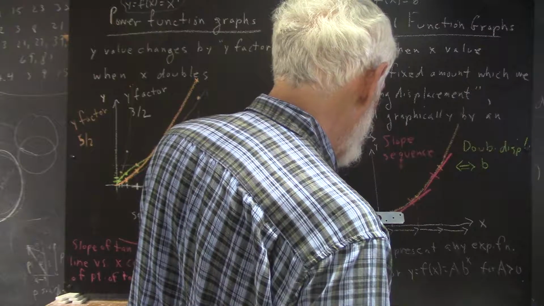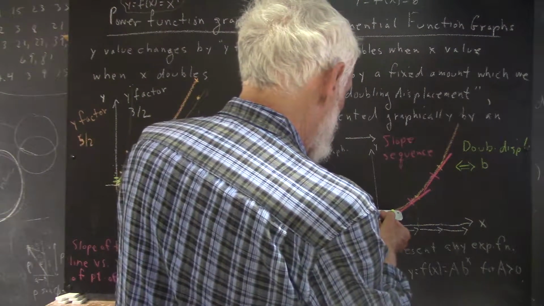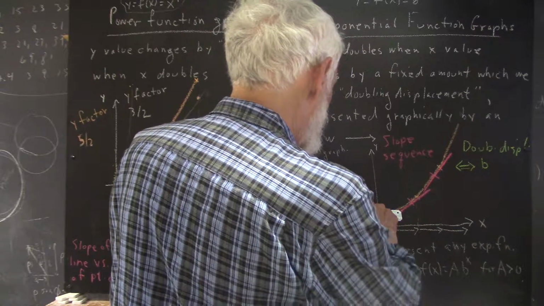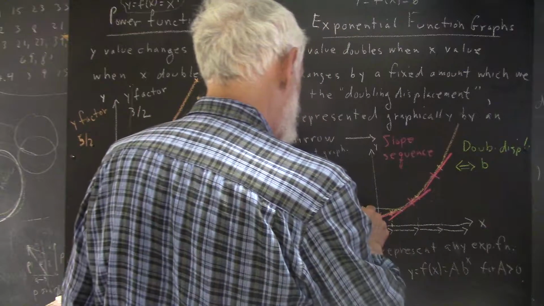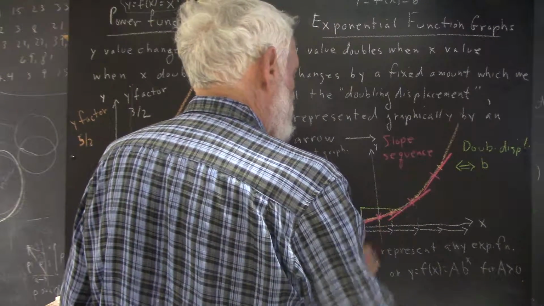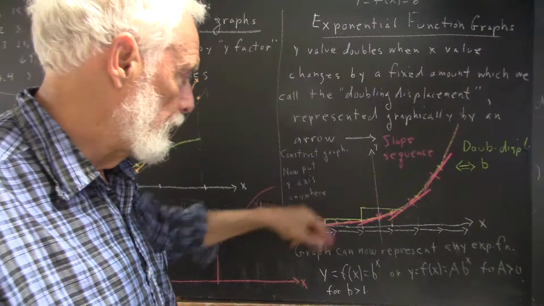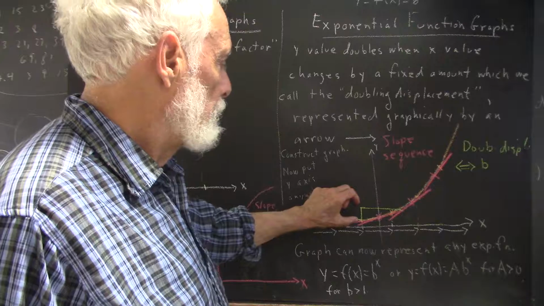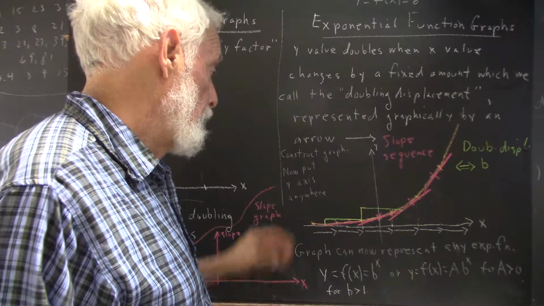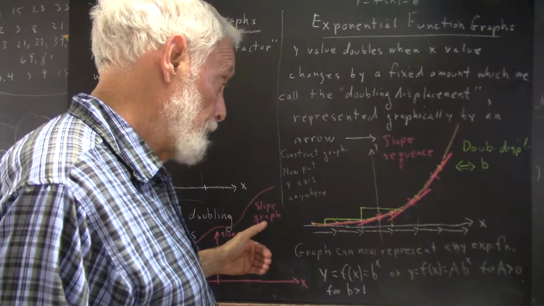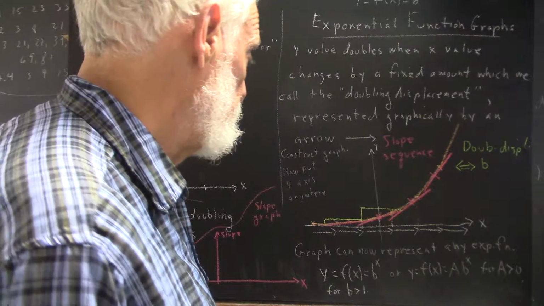So I want my run to be the same as it was on the first graph, and then I can simply compare the rises to see how the slopes compare. In other words, if the run is the same, and the rise here is twice as great as the rise here, then it follows that the slope is going to be twice as big, because I'd be dividing the rise by the same run in both cases.